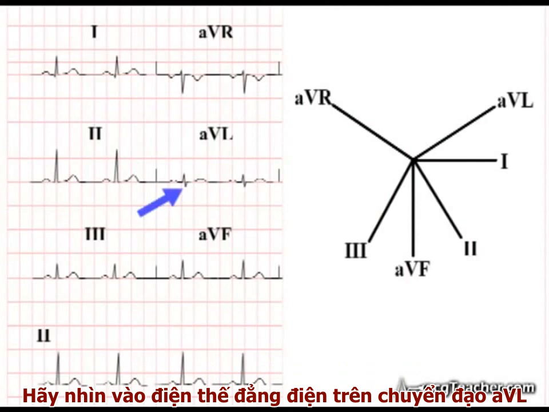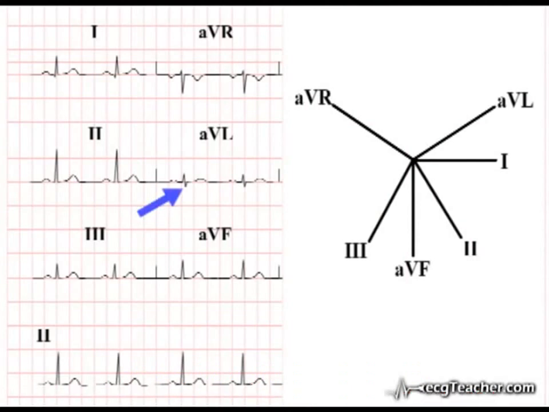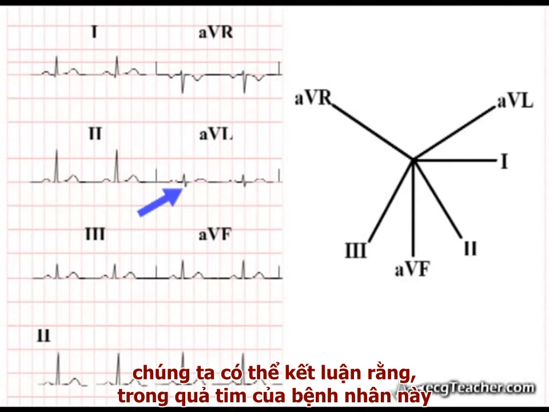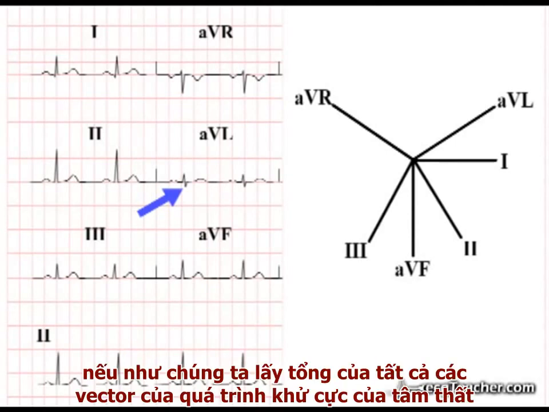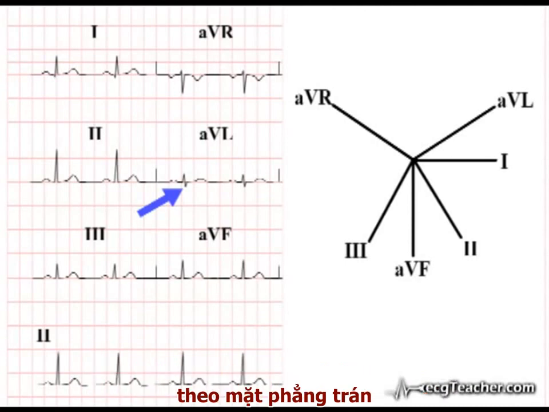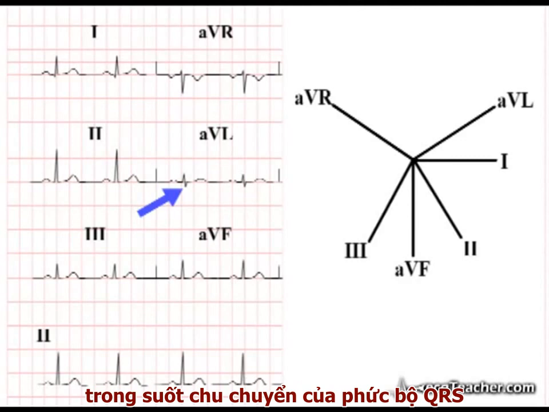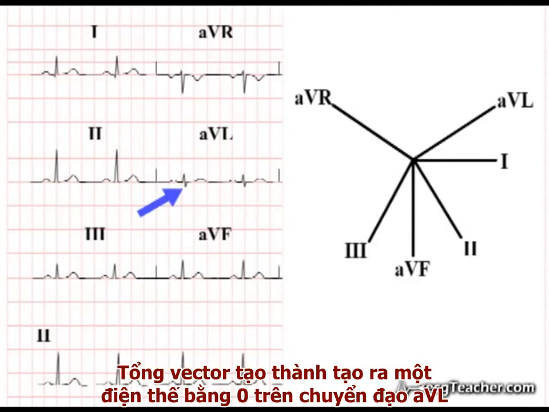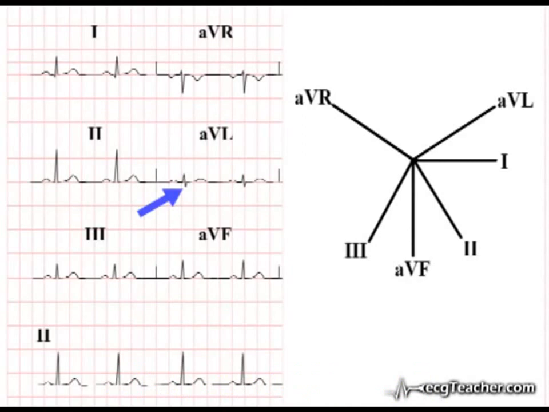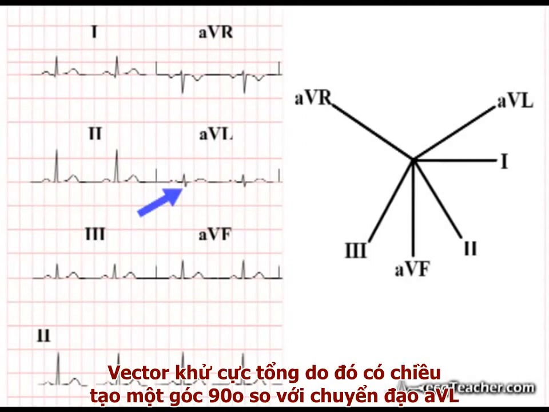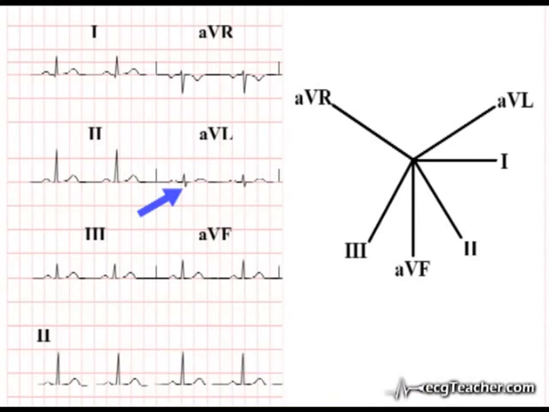Observing an isoelectric QRS complex in lead aVL, we can conclude that in this patient's heart, if we add together all of the ventricular depolarization vectors occurring in the frontal plane throughout the duration of the QRS complex, the total vector generated has no net magnitude in the direction of lead aVL. The total vector must be traveling at 90 degrees relative to that lead.